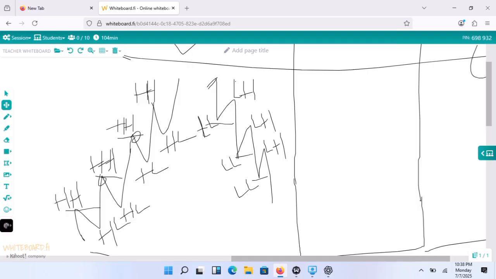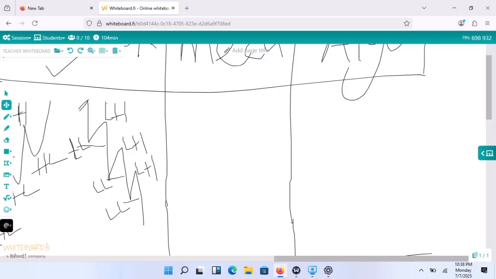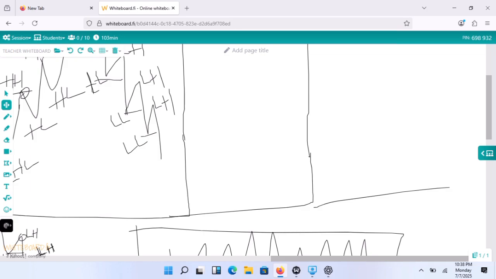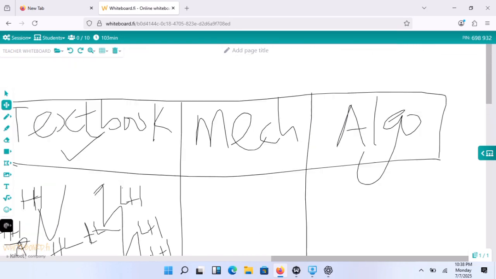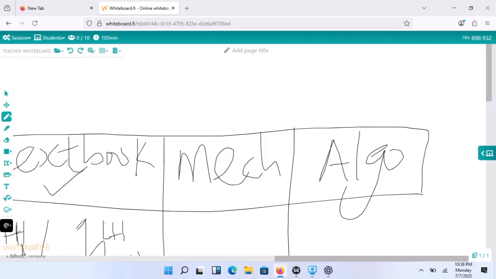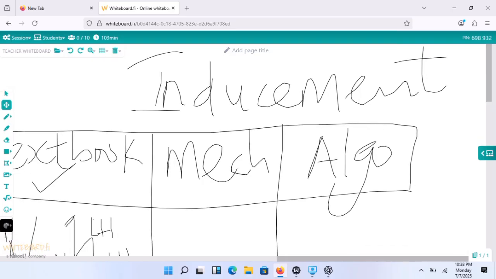Now the second structure that we have here is what? The mechanical structure. The mechanical structure deals with inducements. What did I call it? Inducements, right? When something is induced, that is to say something has been taken out.